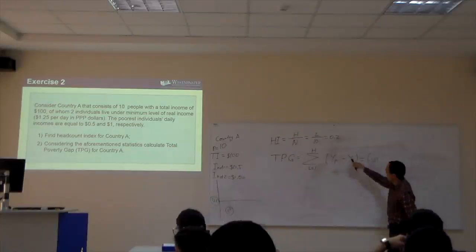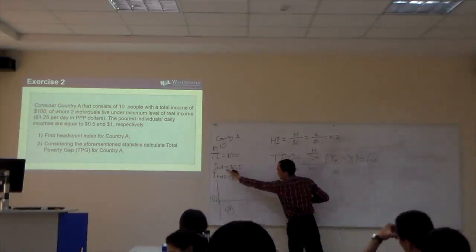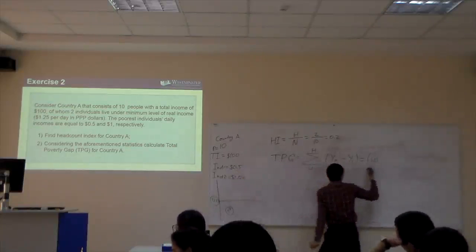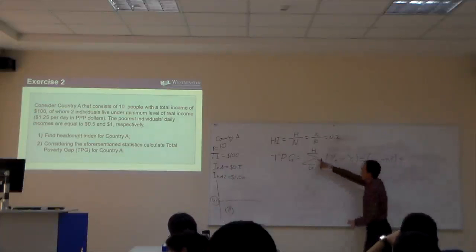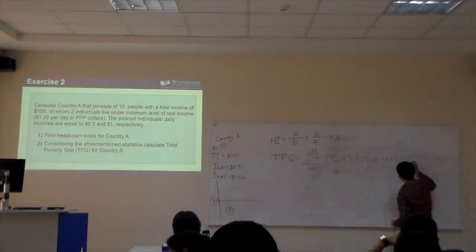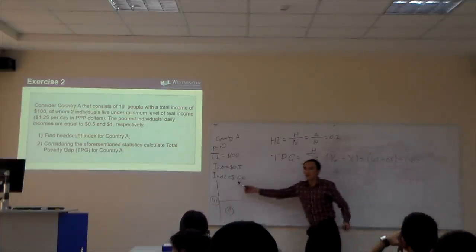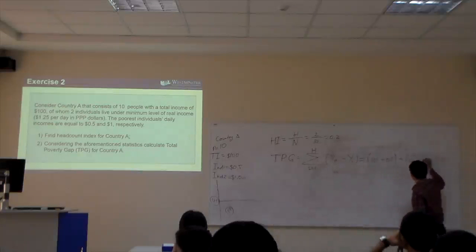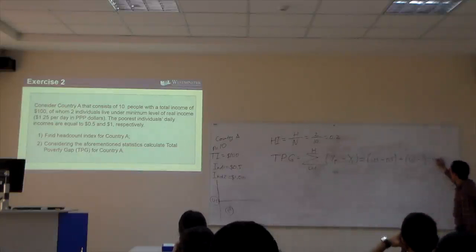And we know the daily income of absolutely poor individual one, which is minus $0.5, plus the sum. Second individual, 1.25, minus income is $1. So it's going to be 0.75 plus 0.25, which will give us $1.